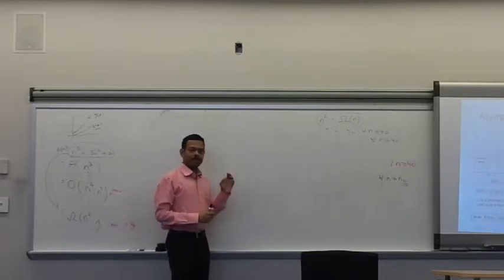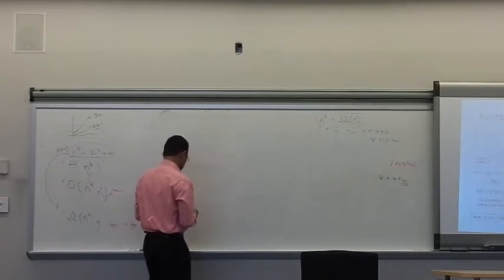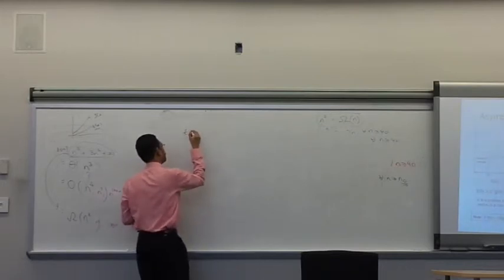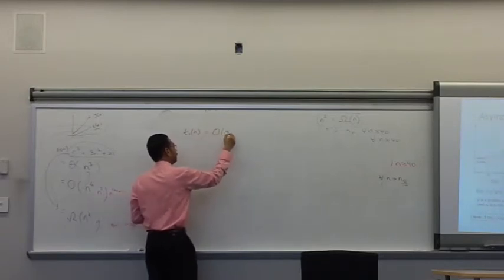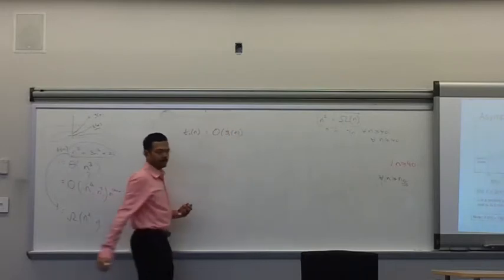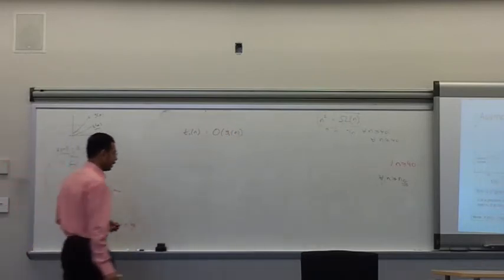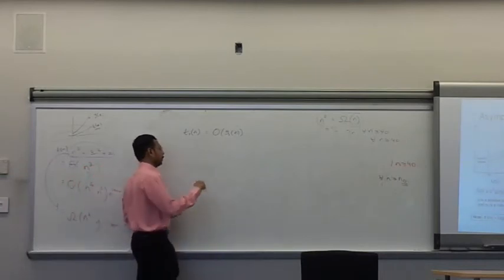So this is a more straightforward proof. We'll first do it with big O, and then we can use the same theorem and proof for theta and then big omega.